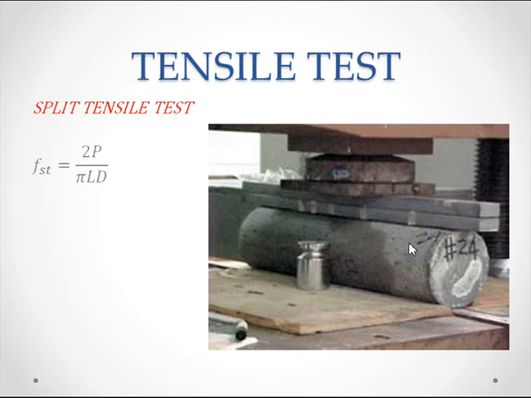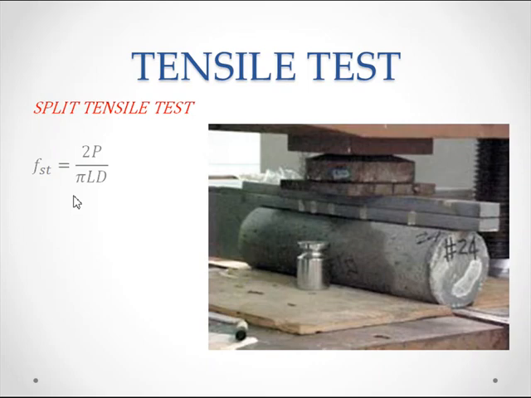We have to note down the load reading, that is P. P is load at which specimen fails. The resultant split tensile strength is calculated using this formula. FST is equal to 2P divided by pi LD, where P is load at which specimen fails, L is length of the specimen, D is diameter of the specimen.